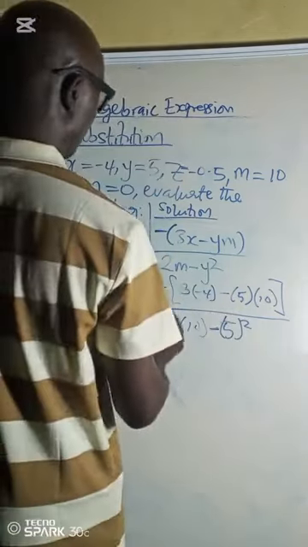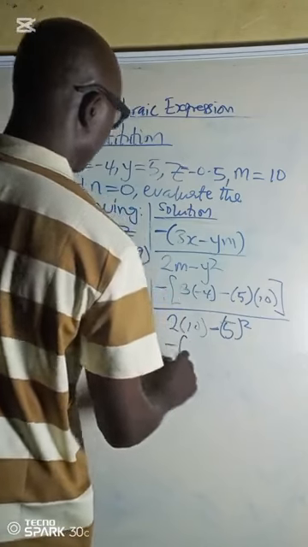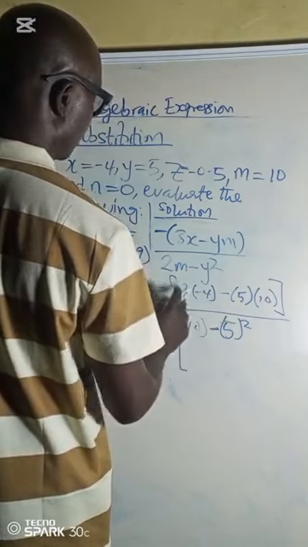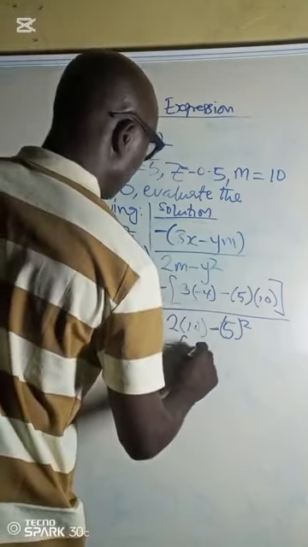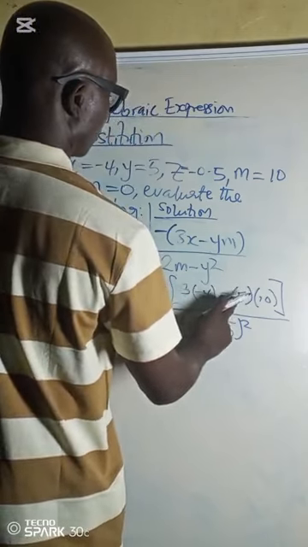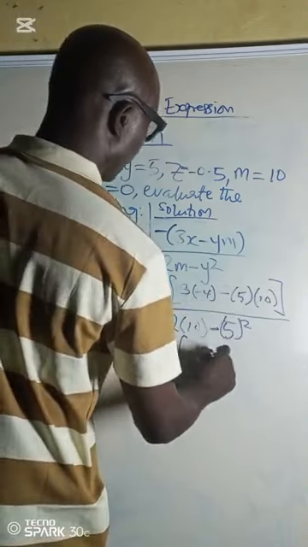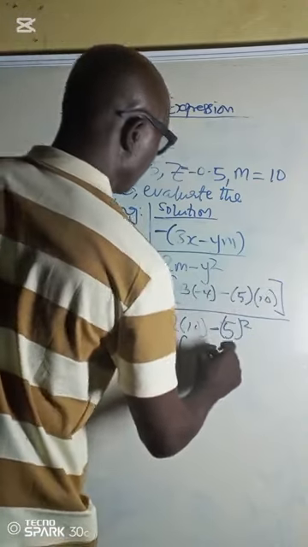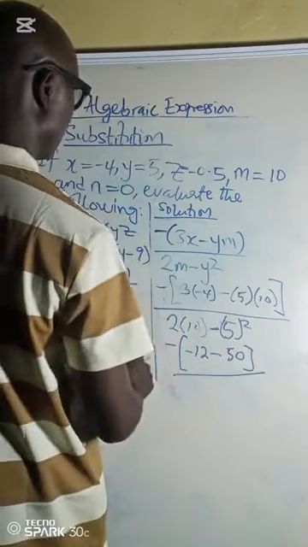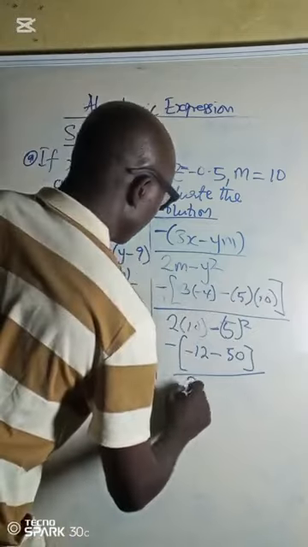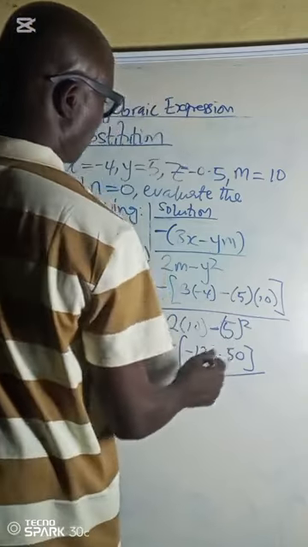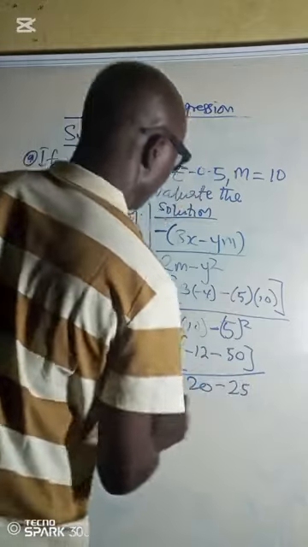Okay, so minus outside, plus and minus, that is minus. 3 multiply 4 is 12, minus times plus is minus, minus times plus minus 5 multiplied by 10, that's 50, divided by 2 multiply 10, 20, minus 5 multiply 5, 25.